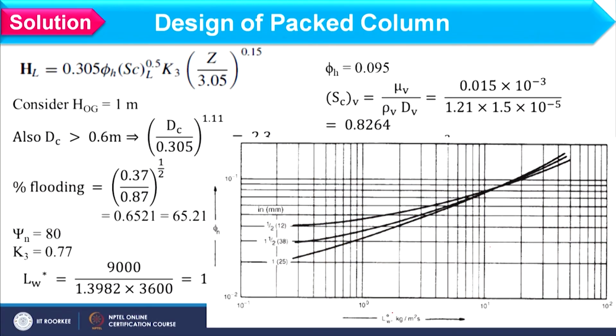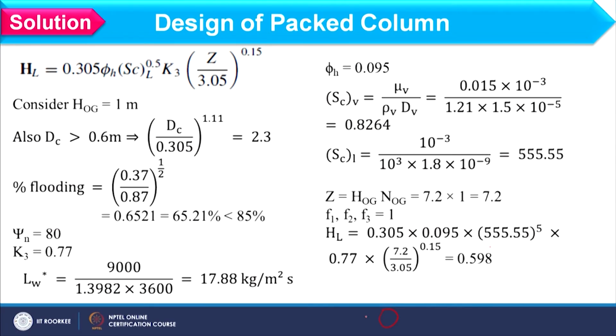And for the phi h value, we have to find LW star, which you can calculate considering the liquid flow rate, that is 90,000 divided by 3600 and divided by the cross sectional area. Its value comes as 17.88.